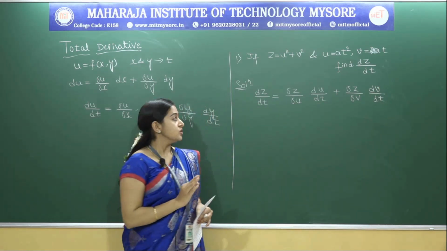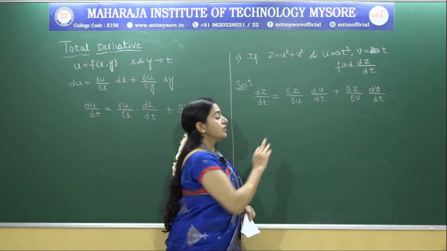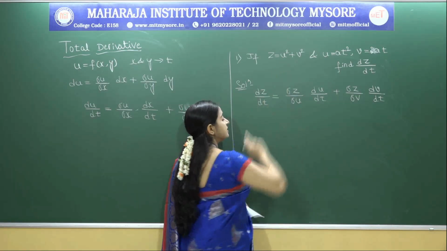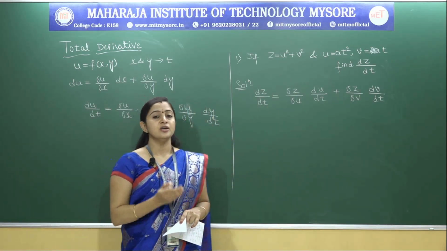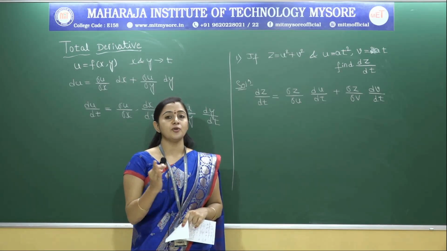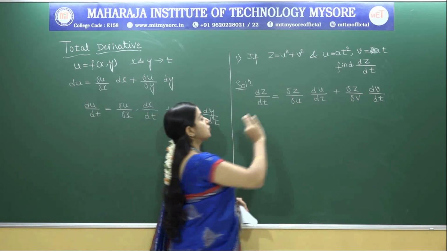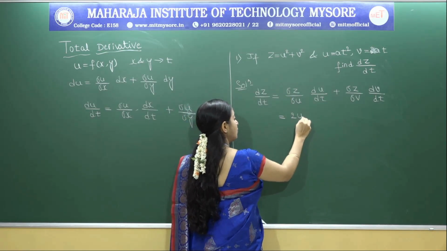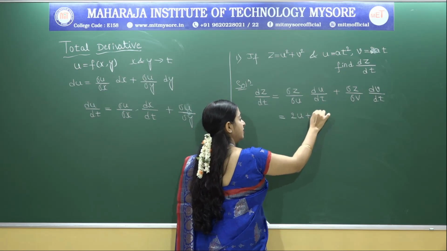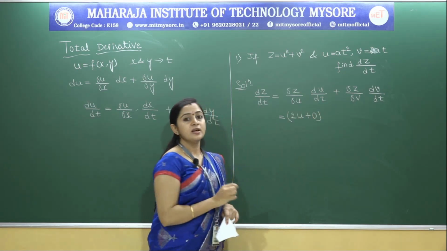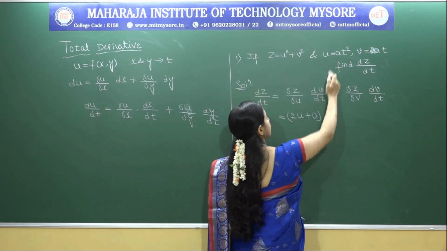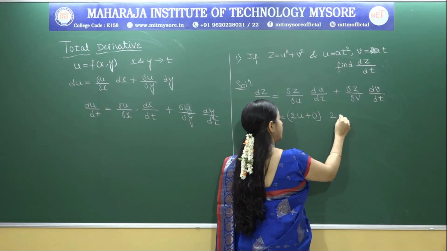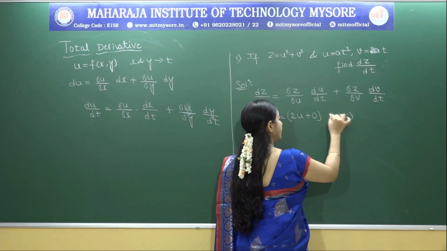This is the formula. The first one, del z by del u, is the partial derivative of z with respect to u. Since it is partial differentiation, with respect to u you have to keep the v term constant. So u square differentiated with respect to u gives 2u, and since v is constant, its differentiation is 0. Next is the usual differentiation of u with respect to t: t square differentiates to 2t, keep the a as it is, you will get 2at.